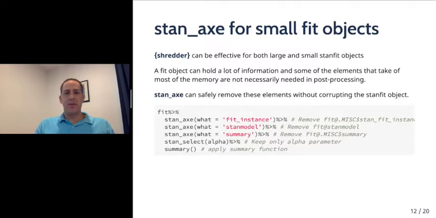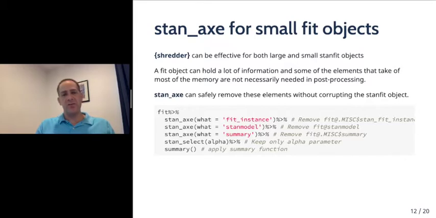StanX is primarily created for smaller stanfit objects where most of the memory is not being used to store the post-warmup samples, but it is being used in order to be able to run the stanfit object over and over again, which is built by default that way.